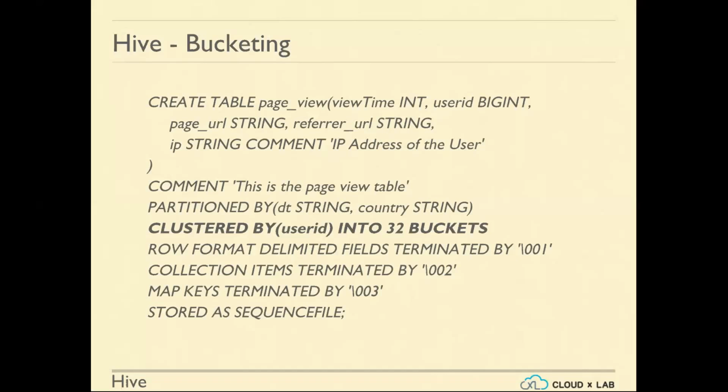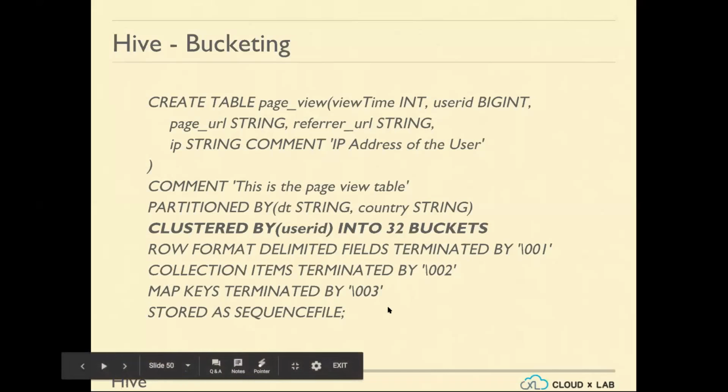Now, what does the other column mean? Thank you, Binta, for the question. The row format delimited fields terminated by this is a special character. Let's say the data that you are going to load into the table has fields separated by this character, the collection items are terminated by this, the map keys are terminated by this, and so on.